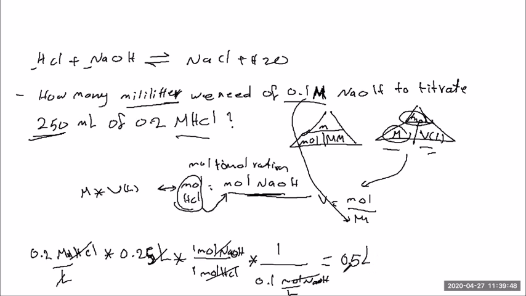So be careful, guys. This is 0.5 liter. They are asking for milliliters, so it will be 500 milliliters. So we need 500 milliliters to titrate the HCl.